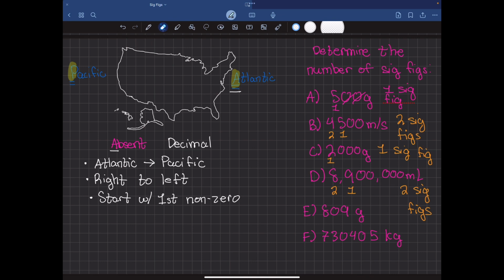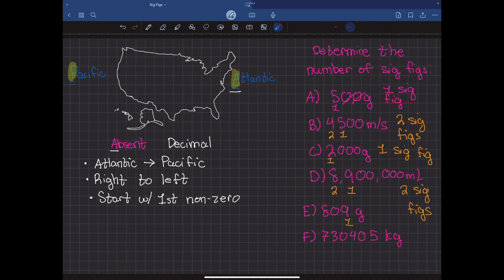Let me change the color for you guys. Here we are. This counts. Now, right to left, boom. Even though, notice, even though this is a 0, since I already have my first sig fig with the 9, this 0 is also included. Because it's, in a sense, sandwiched between 2 sig figs.